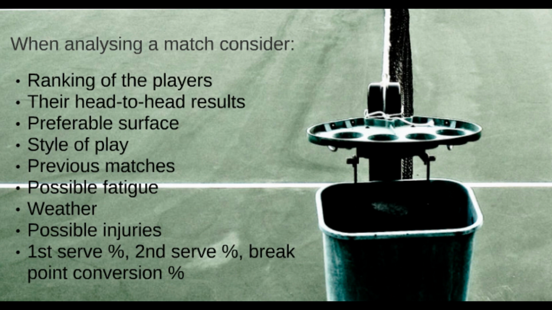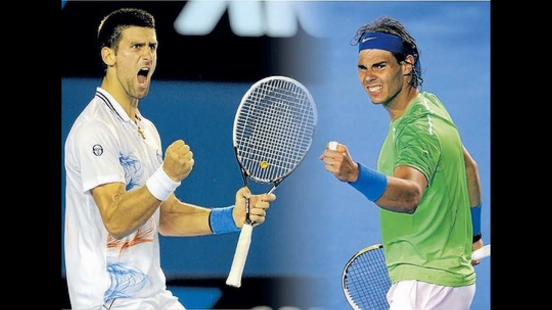One of the most important parts of analysis is certainly the court preference. For example, Djokovic has a higher advantage over Nadal on the hard court. However, he is no competition against the Spaniard on the clay courts.